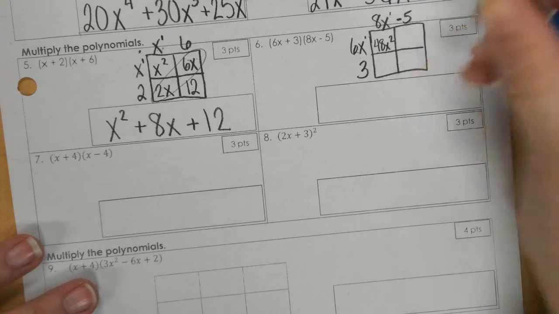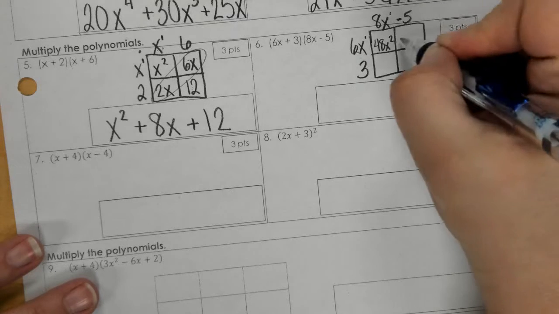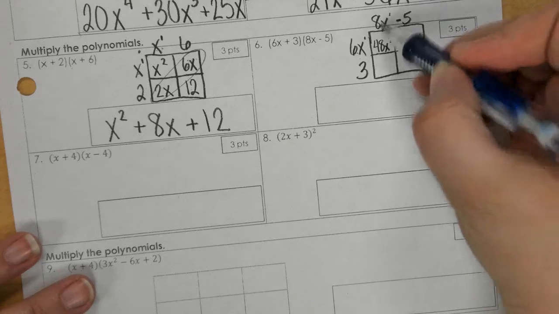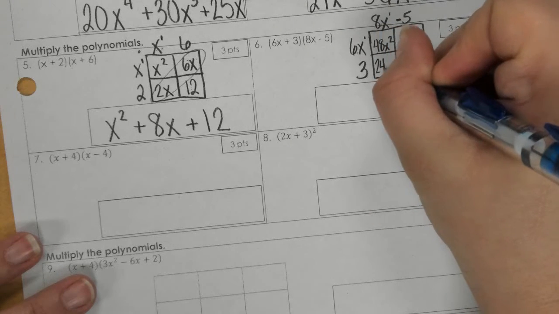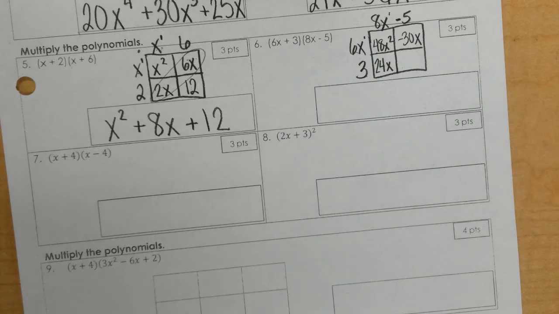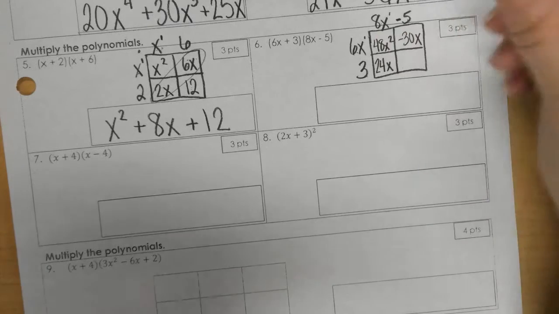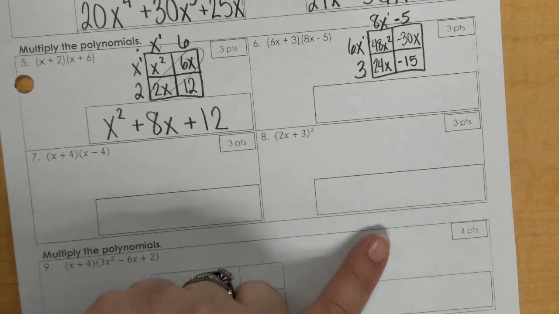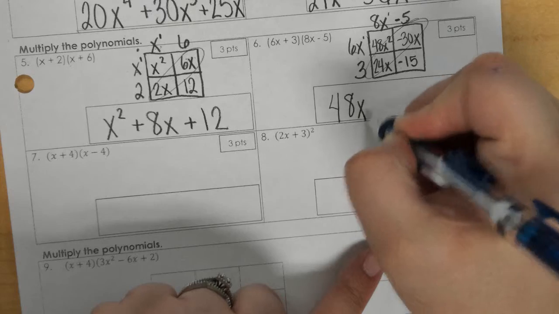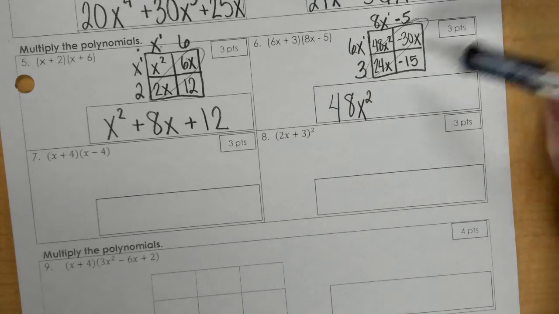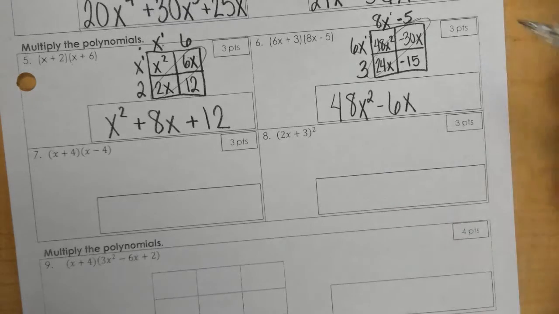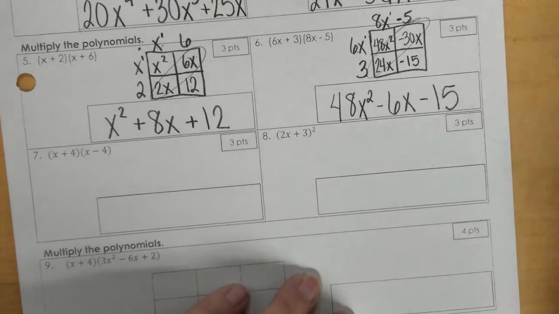Remember, add those ones. 6x times negative 5 is negative 30x. 8x times 3, 24x. 3 times negative 5 is negative 15. Can you combine like terms? So 48x squared. 24 minus 30 is negative 6x, and then minus 15.